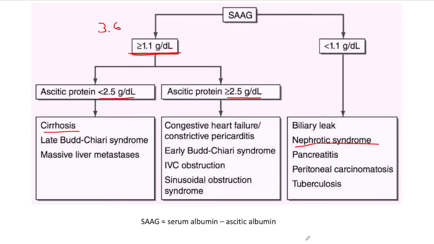And so when we compare that to the acidic albumin, it's still going to give us a low number, less than 1.1. Okay, and so this is why this is not really a ratio, right? This is just a strict calculation, and that's something important to keep in mind. Okay, great. And so those are sort of all of the cases where we can have these alterations in SAAG. Really, one thing to keep in mind is just really what are you calculating, and that can kind of help you clue into the source of what this acidic fluid is.